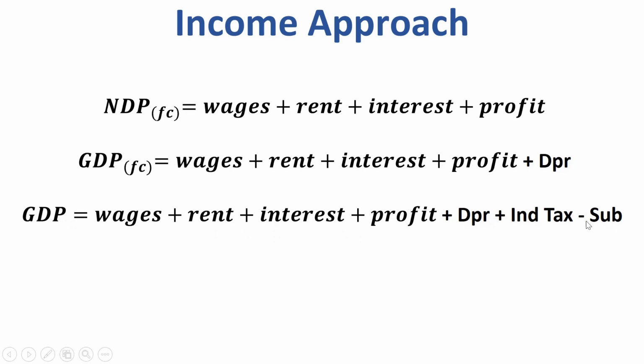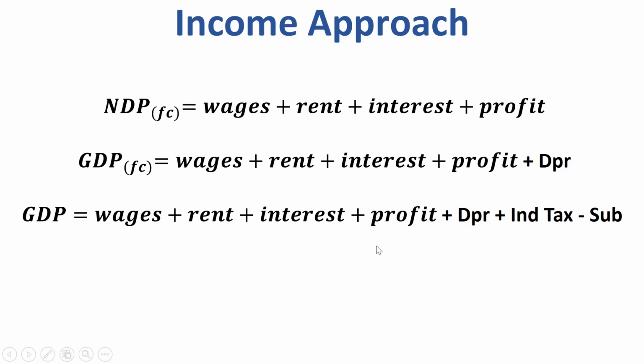Again, when government grants subsidy, it reduces the cost of production, and because of that, profits appear higher than they should be. So without subtracting the subsidy, the value for GDP we quote would be misleading.